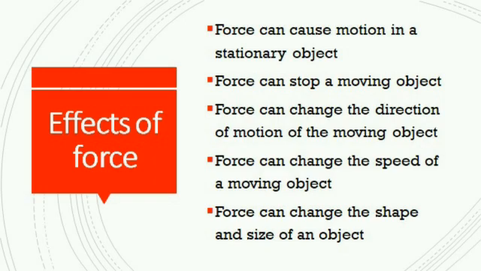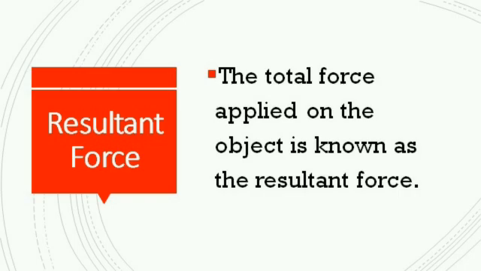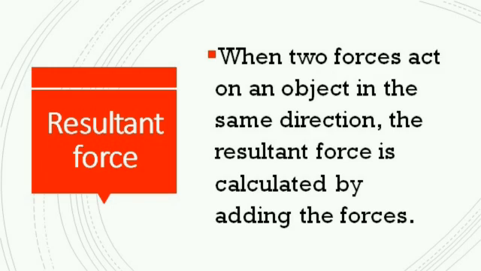Then we have discussed the resultant force or net force. The total force applied on an object is known as the resultant force. We have discussed three scenarios also. When two forces act on an object in the same direction, the resultant force is calculated by adding the forces. It moves the object in the direction of the applied force.